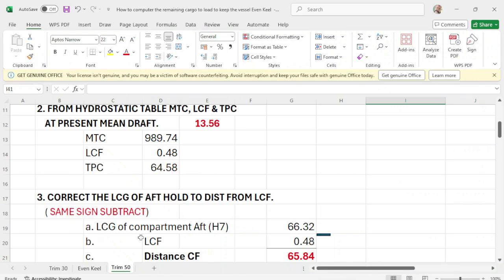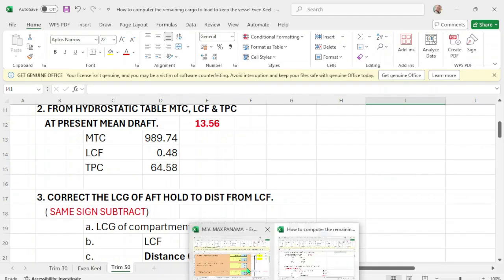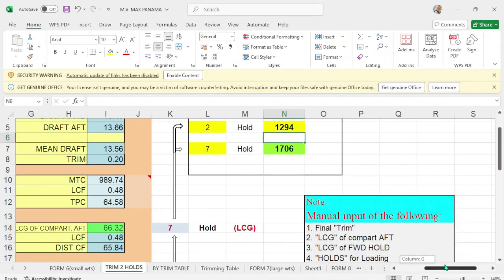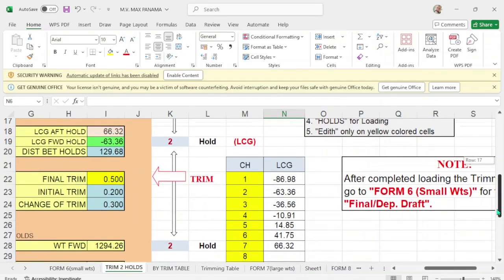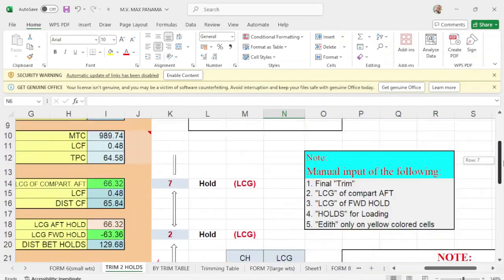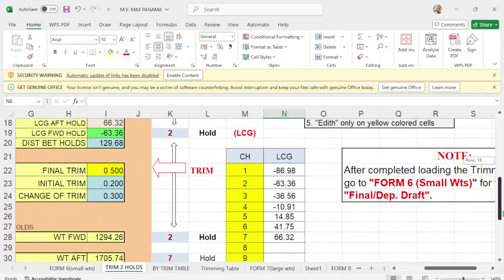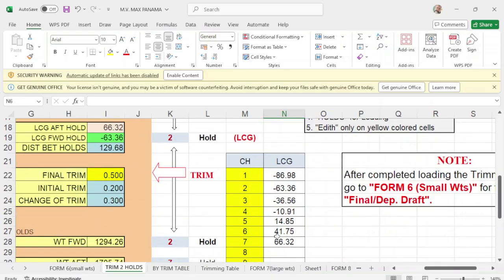So LCG of hold number 7 is 6632. Okay, 6632. We go to the number 2. Hold number 7, LCG is 6632.